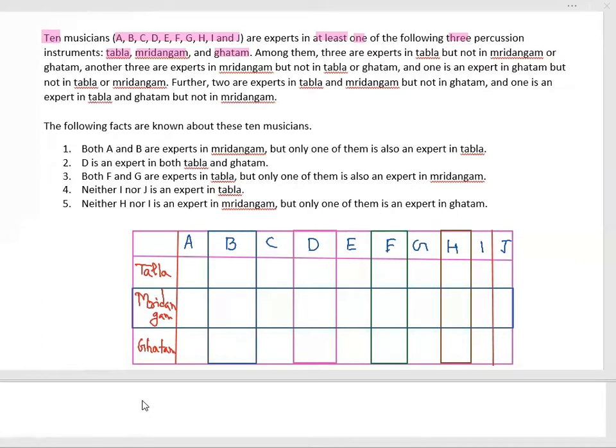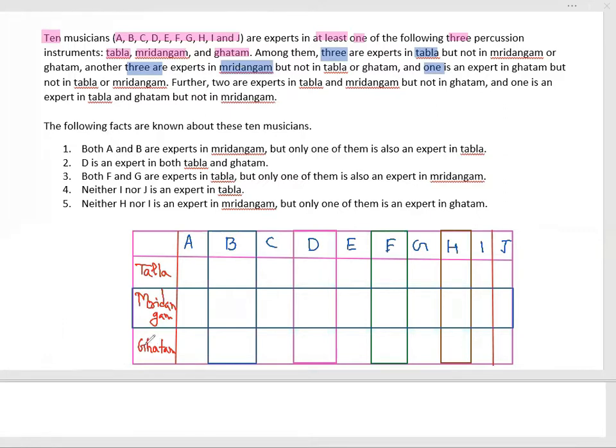Next information: among them, three are experts in tabla but not in mridangam or ghatam. Another three are experts in mridangam but not in tabla and ghatam, and one is an expert in ghatam but not in tabla or mridangam. Let's write it down.